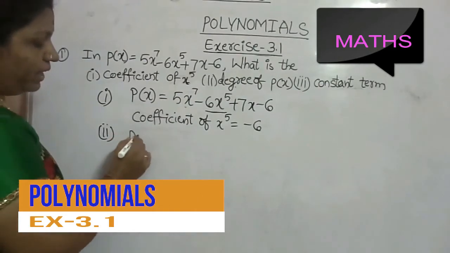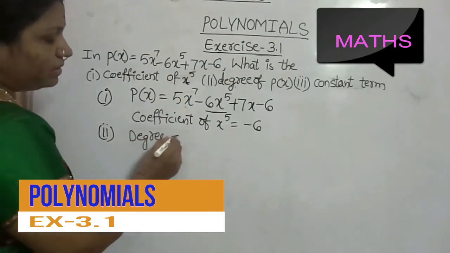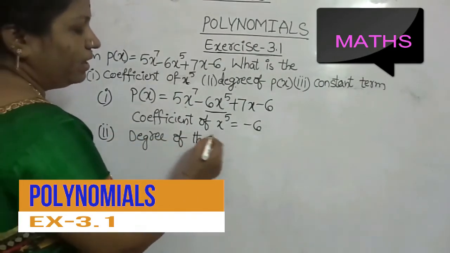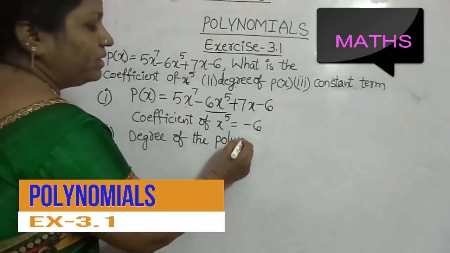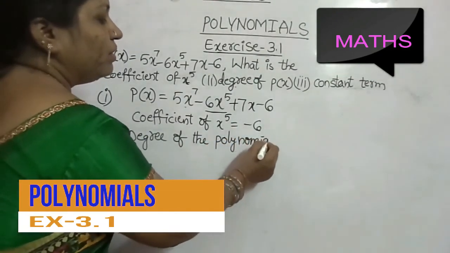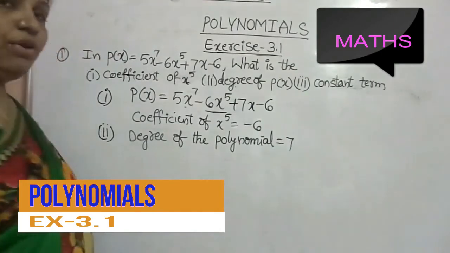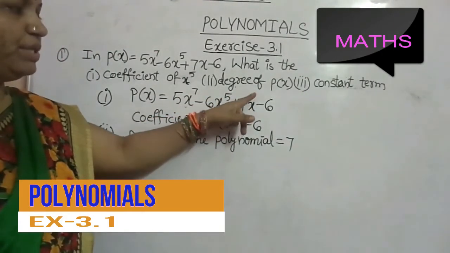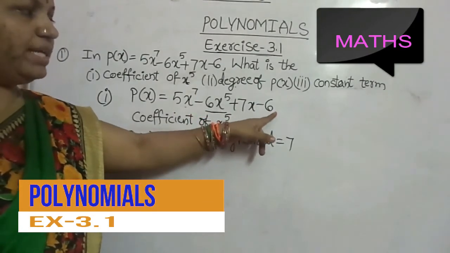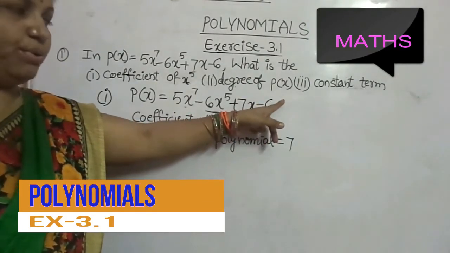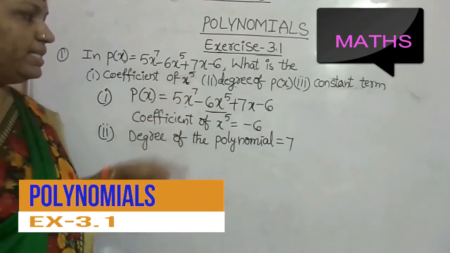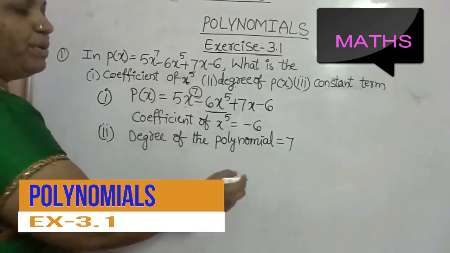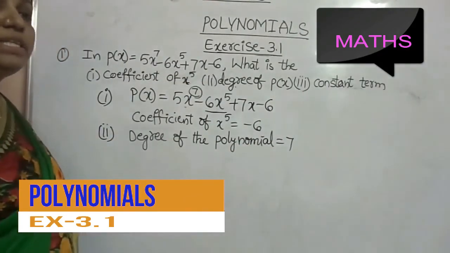So the degree of the polynomial is 7. If you see the remaining terms, this is 5. This is x, which means power 1. Here no x term means x to the power 0. So 7 is the highest number, the highest power. So the degree is 7.